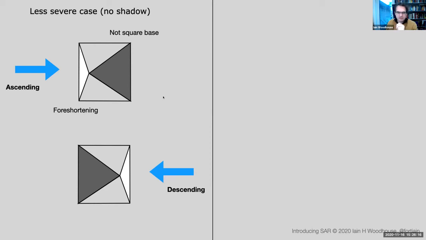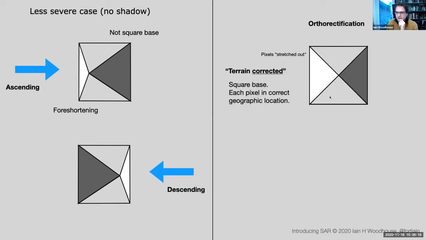Now, in the terminology of SNAP, what you'll find is that you can do what's called terrain correction. And what this refers to is that we now actually put each of the pixels in this radar image into their proper geographic location. You might refer to it as an orthorectification if you like.